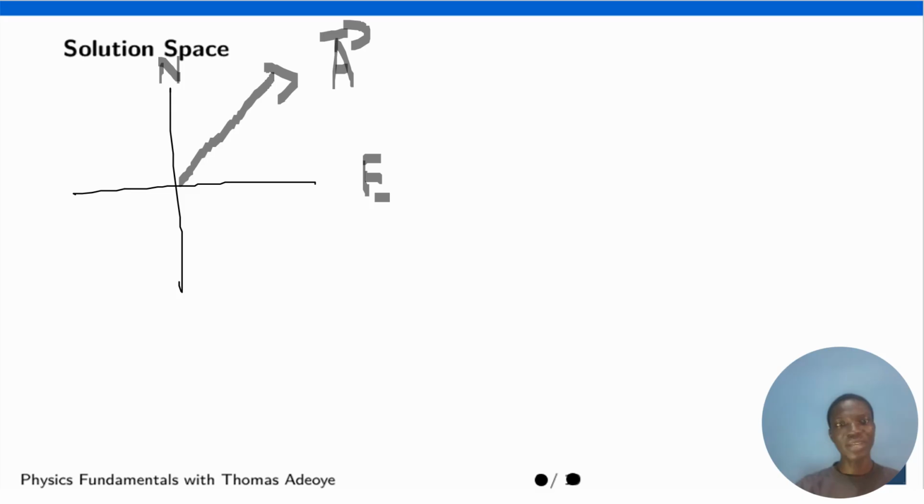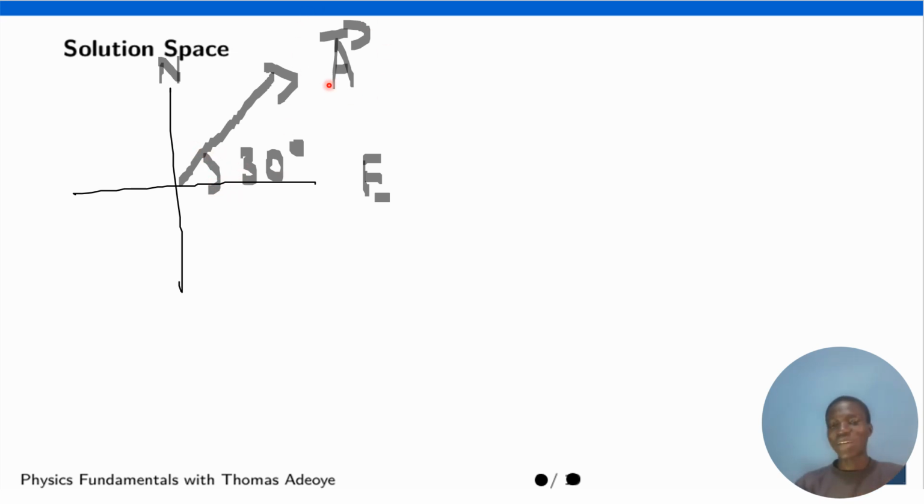If the vector makes an angle of 30 degrees with the east, we can say the angle is 30 degrees from the east. I mean, the angle is inclined to the east. So the angle we are considering is to the east.